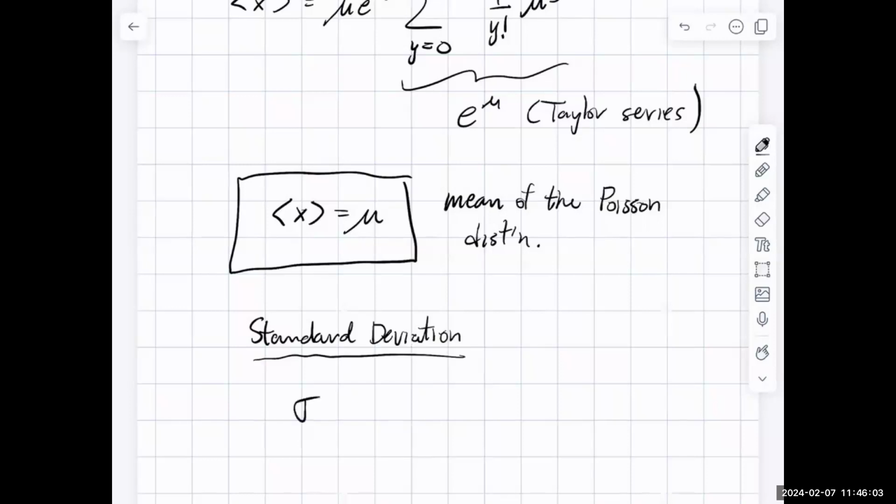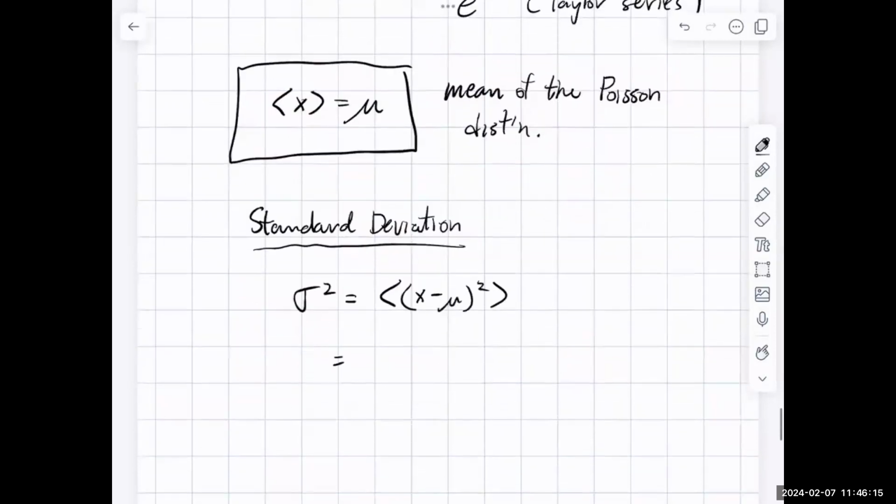So we want to calculate sigma. I'll write down sigma squared. So sigma squared is the average of x minus mu squared, which is the sum of x equals 0 to infinity of x minus mu squared times the Poisson distribution.